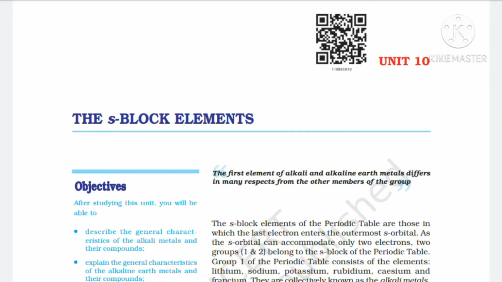Let's start our new chapter, the s-block elements, Unit 10. First, we start with the objectives.